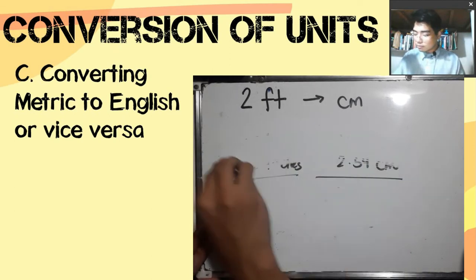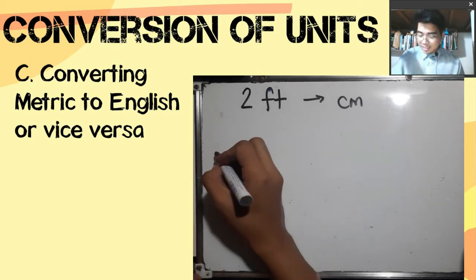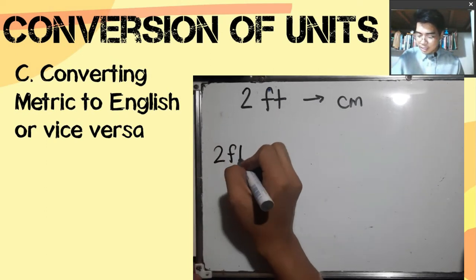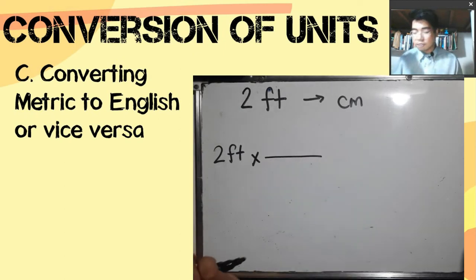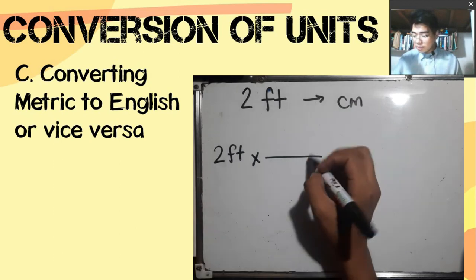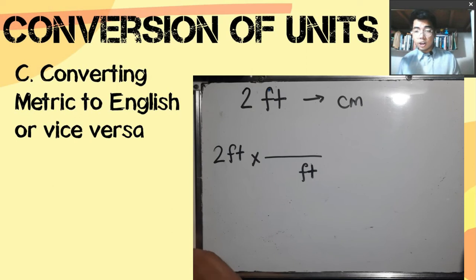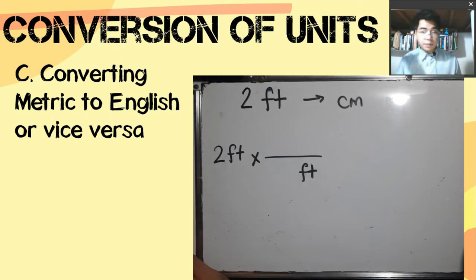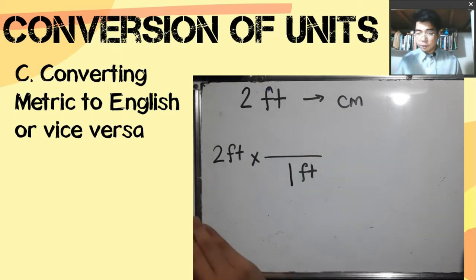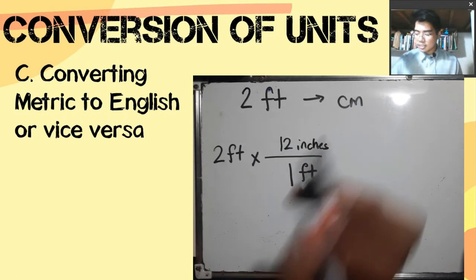Now, how are we going to write this? The usual rule. We're going to start with 2 feet. Since this is present on the numerator, we are going to multiply this with the conversion factor that we know. We're going to place the unit foot on the denominator since the feet is present on the numerator. Now, 1 foot is equivalent to 12 inches.